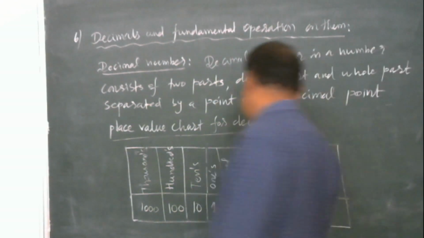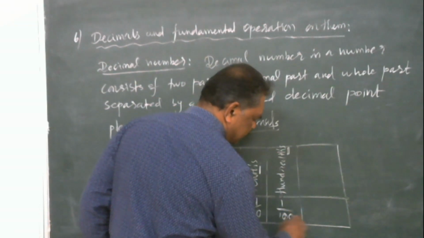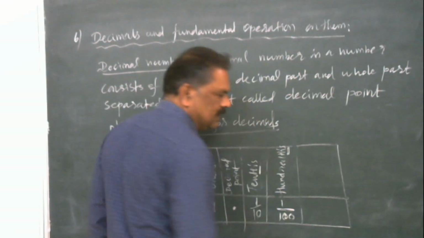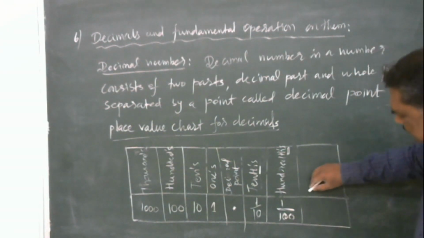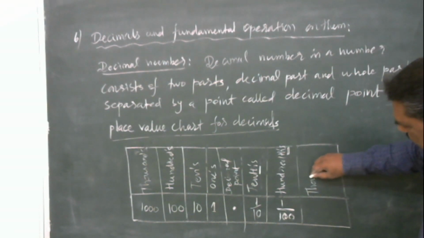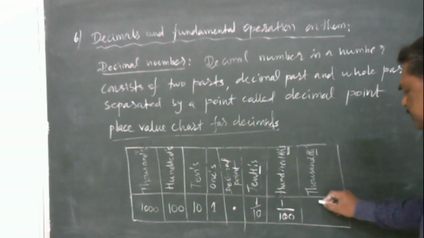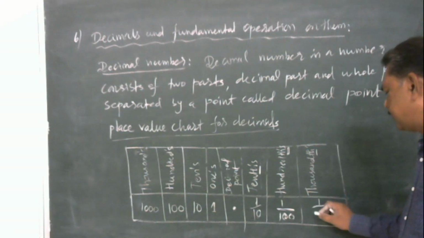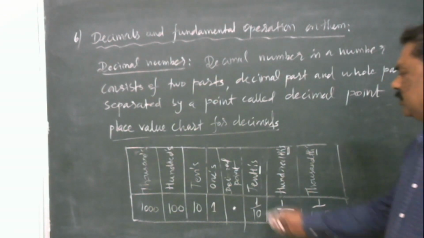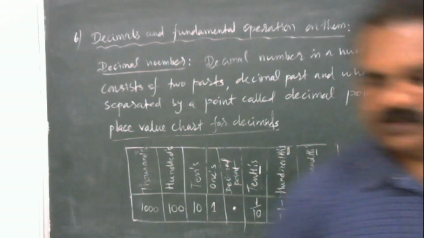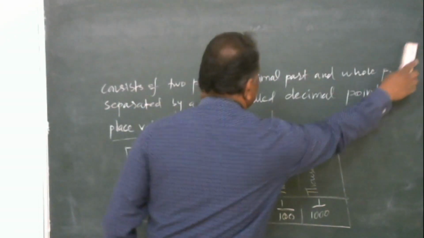It is 1/100 of a unit. Then the next place is thousandths, which is 1/1000 of a unit. So we will be using this place value chart to write decimals and understand them.